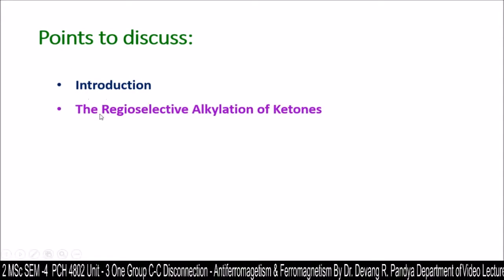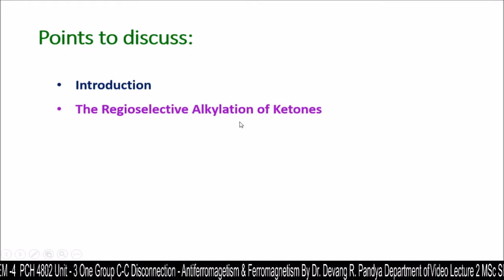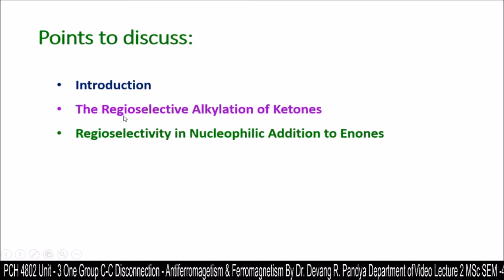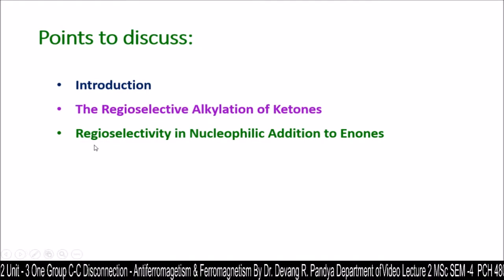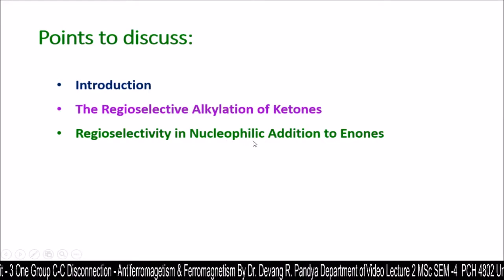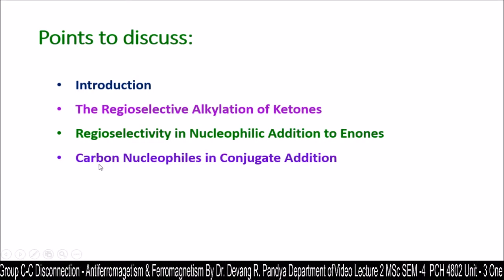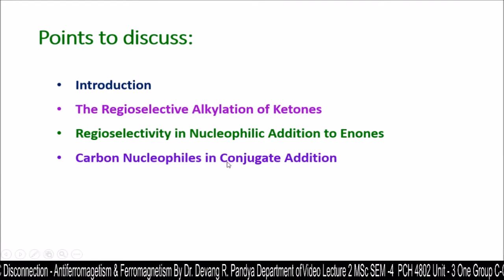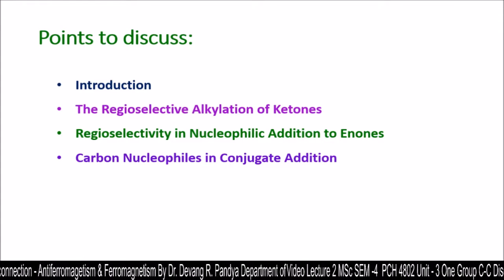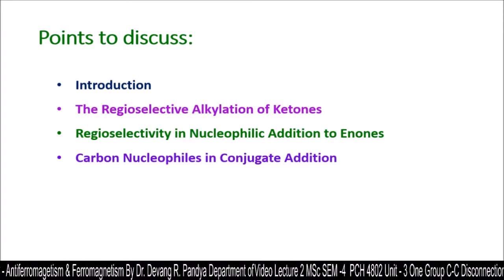Then we are going to discuss the regioselective alkylation of ketone and the problem arising in it. Then we will discuss regioselectivity in nucleophilic addition to enone. And finally, we're going to discuss the carbon nucleophiles in conjugate addition and compare direct addition with conjugate addition, that is Michael addition.